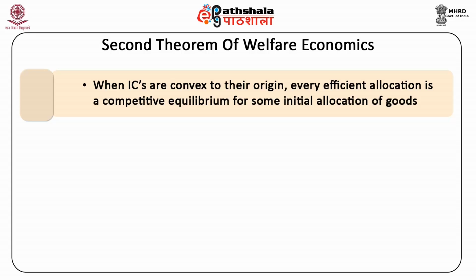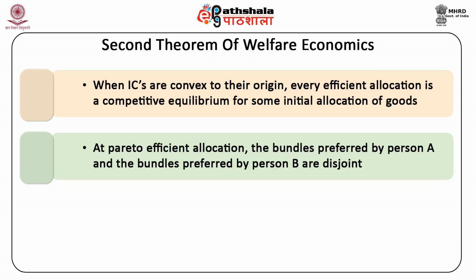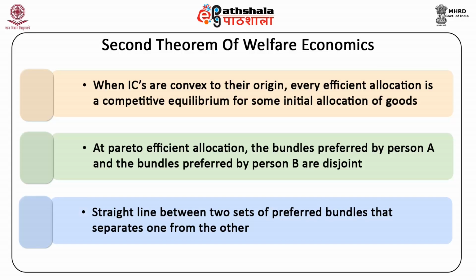When preferences are convex, then at a Pareto efficient allocation, the bundles preferred by person A and the bundles preferred by person B are disjoint. Therefore, if both agents have convex preferences, then we can draw a straight line between the two sets of preferred bundles that separates one from the other.